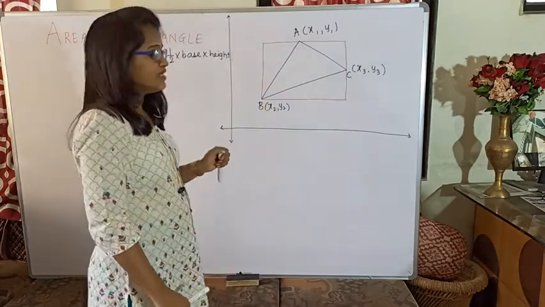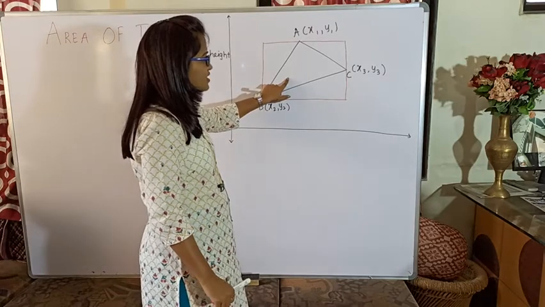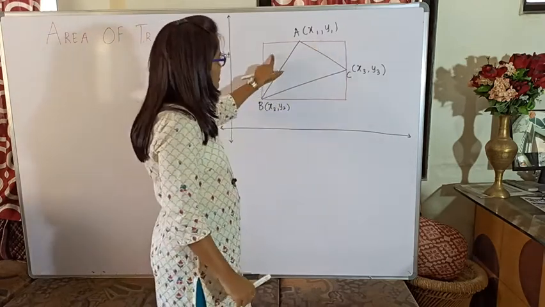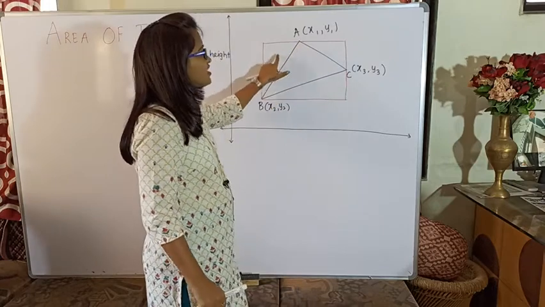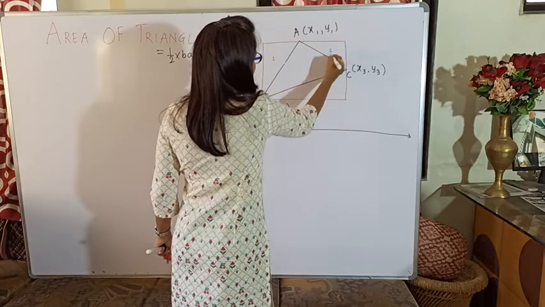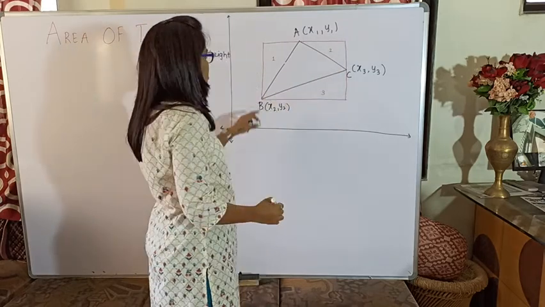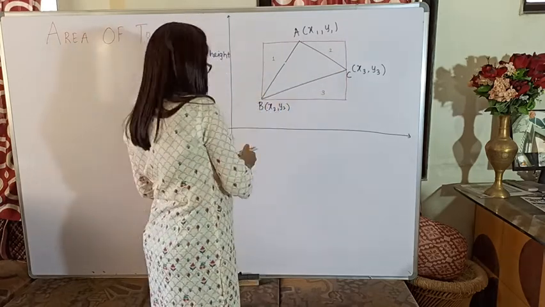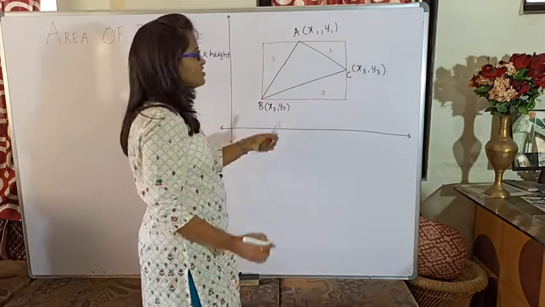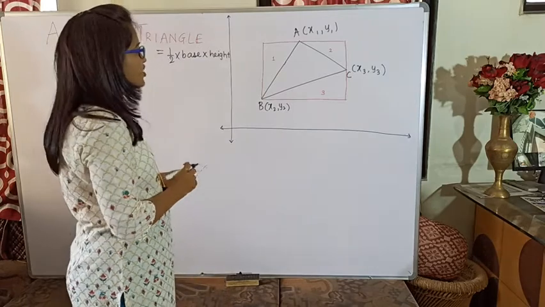So if I have to find the area of this triangle ABC, I can find the area of this rectangle and subtract the areas of these three triangles. So if I name this as triangle 1, triangle 2 and triangle 3, so finding the area of rectangle and subtracting the areas of these three triangles will give me the required area of the triangle.